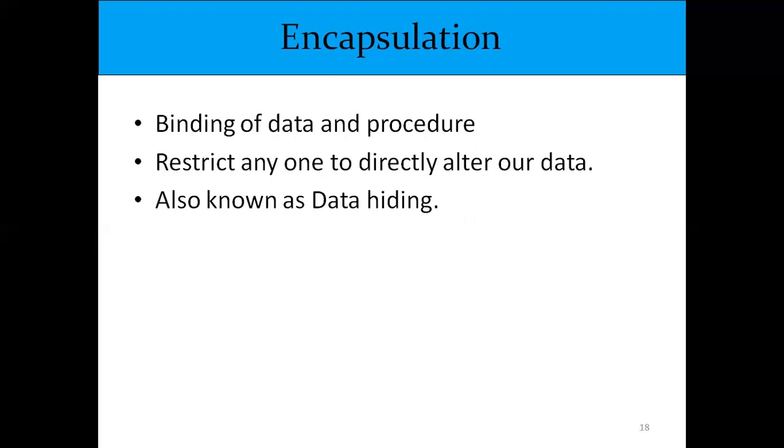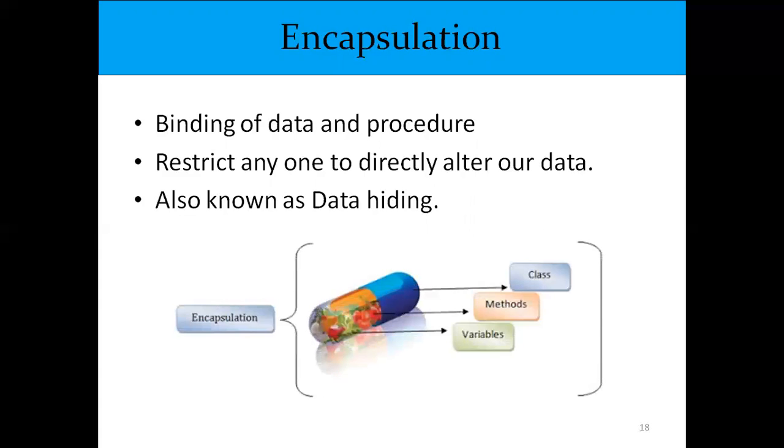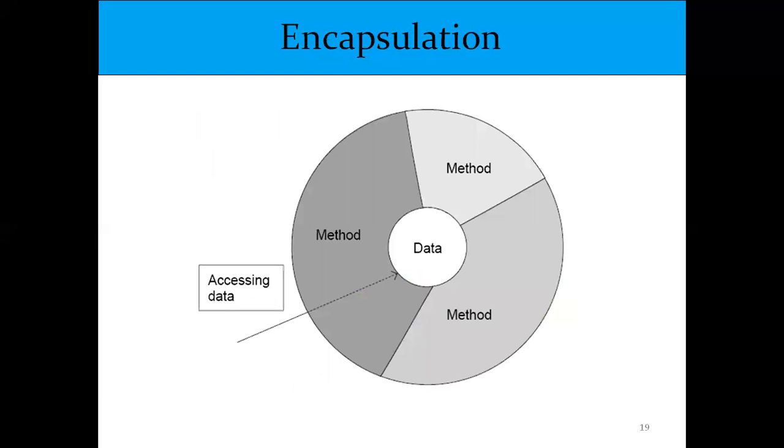Let us see what encapsulation is. It is the binding of data and procedure, where we can restrict accessing of data directly. This is called data hiding. This is an example of encapsulation. Here we are binding data and also procedure.